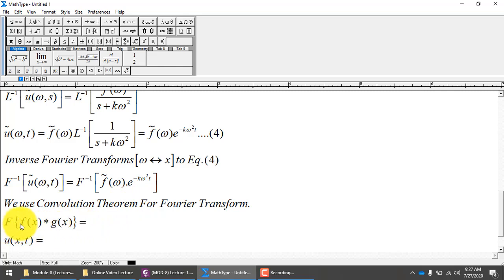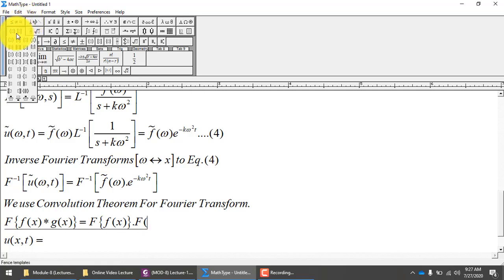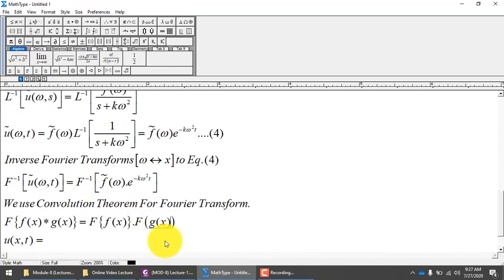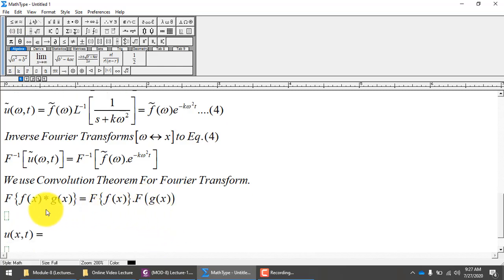So the Fourier transform of the two functions which are convoluted is actually equal to the Fourier transform of the first, multiplied by the Fourier transform of the second. So this was the initial convolution theorem. How can this be helpful to find the inverse Fourier transform of the product?